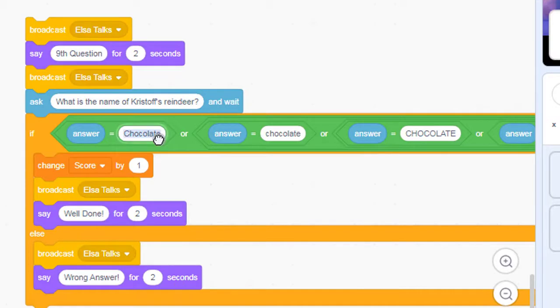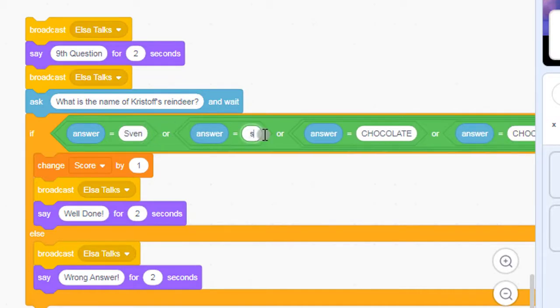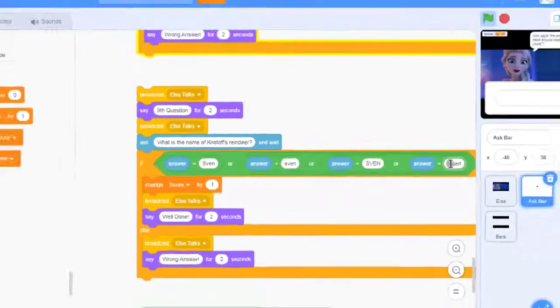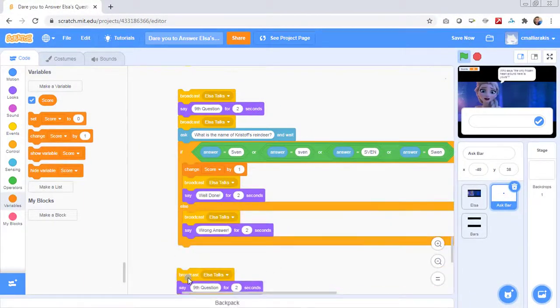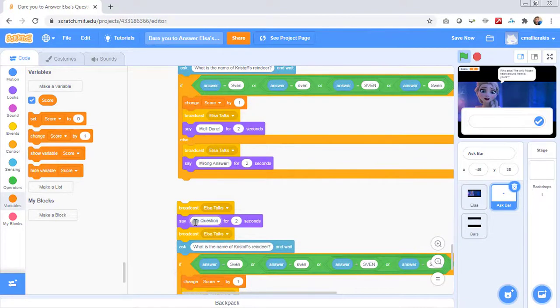And the right answer is, of course, Sven. Sven. And I will take this one also as correct. Very good. And the last one, I will create the last one, the 10th question.